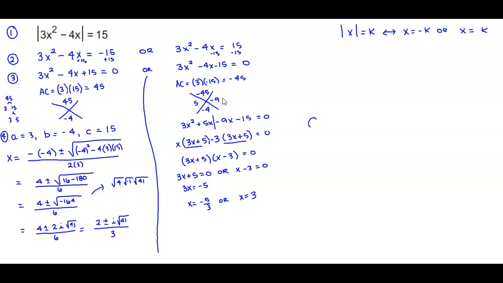So here are our solutions. We have negative 5/3, we have a positive 3, and then we have 2 plus or minus i times the square root of 41, over 3. Let's go ahead and put those solutions in.